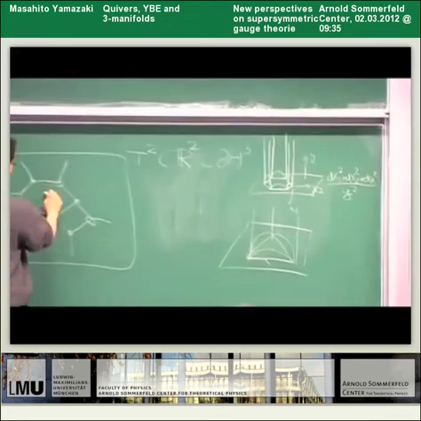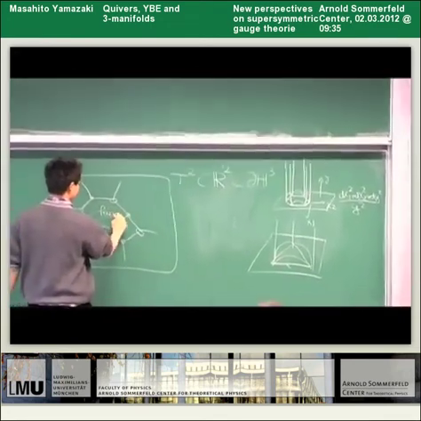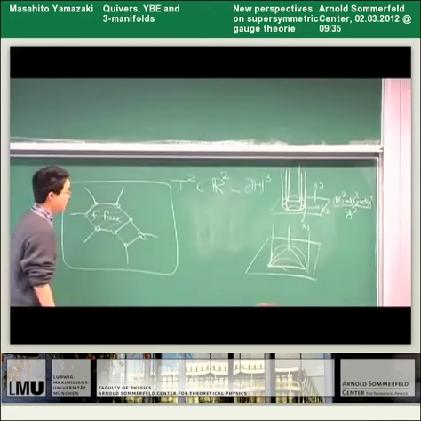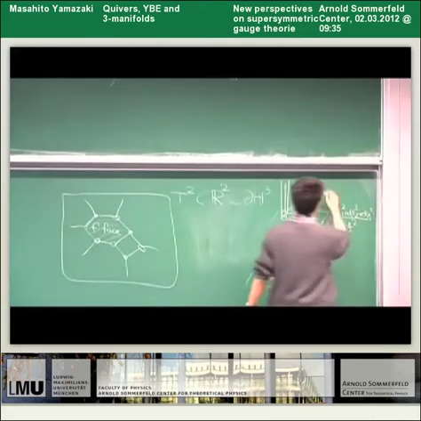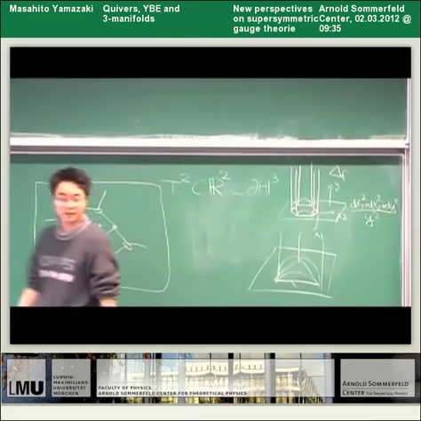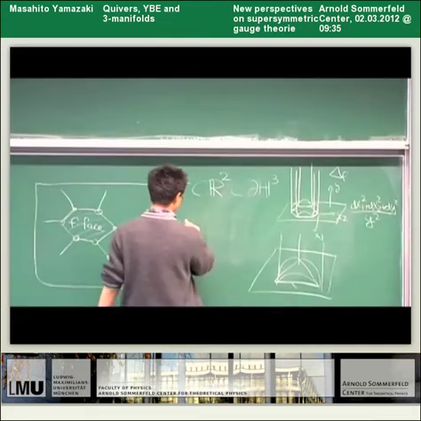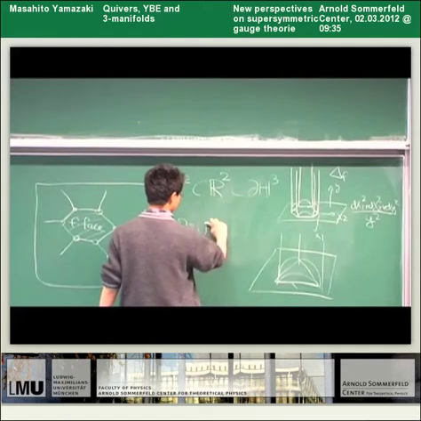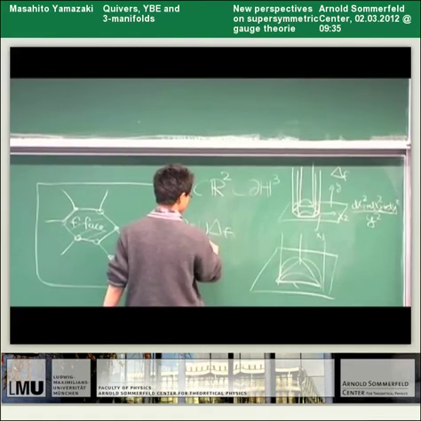So for each face, say this face F, there is going to be an associated ideal tetrahedron delta F, and then you could construct a polyhedron P as a union of all these over faces.